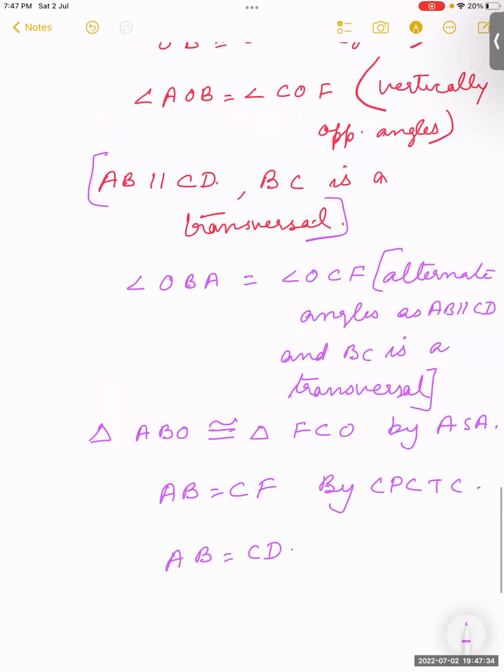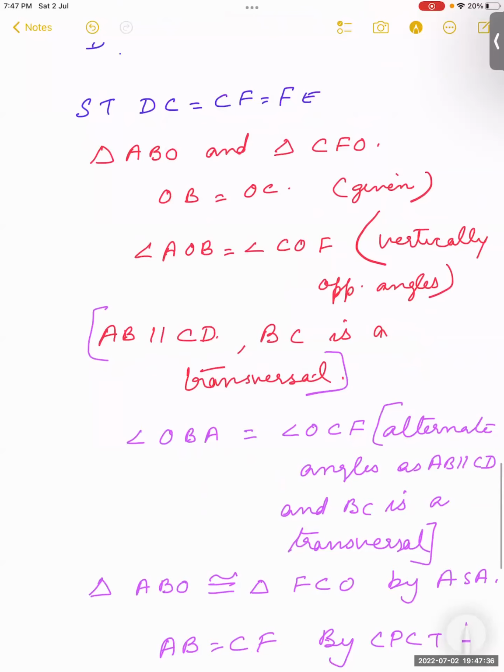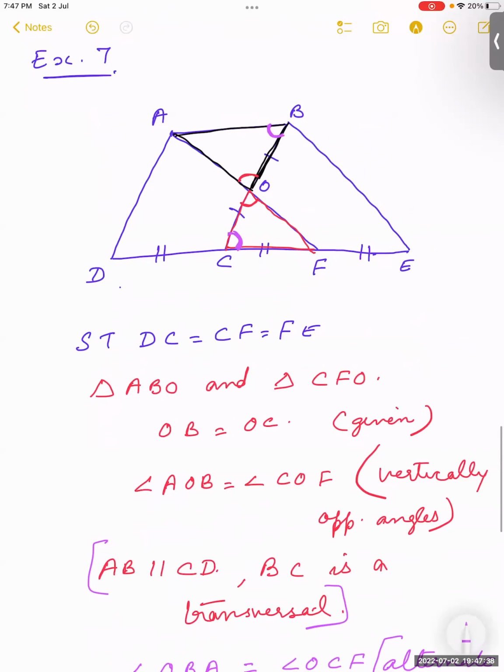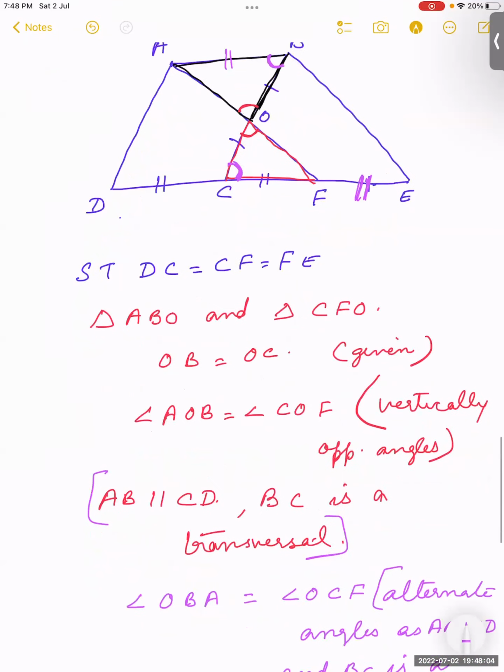Similarly, look at the other parallelogram, ABEF. Can I say side AB is equal to side EF? In parallelogram ABEF, AB and EF are opposite sides, so AB is equal to EF.